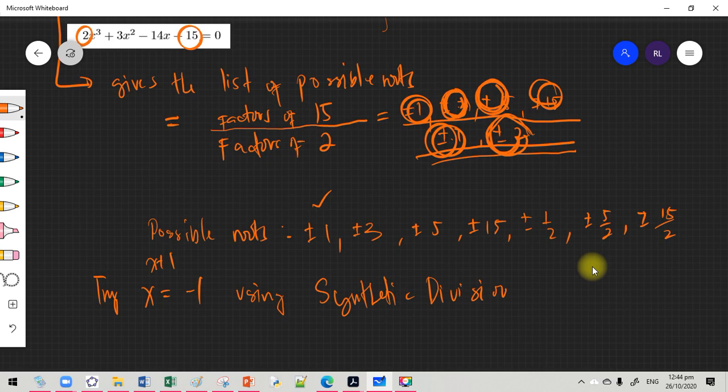And we are looking for the roots of this equation. Or we can use the remainder theorem to try. The remainder theorem and factor theorem are somewhat the same.